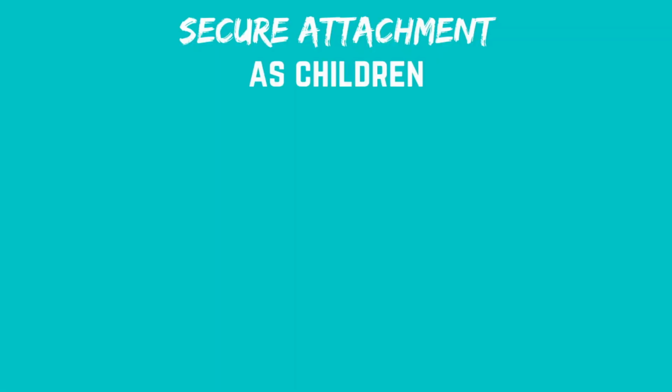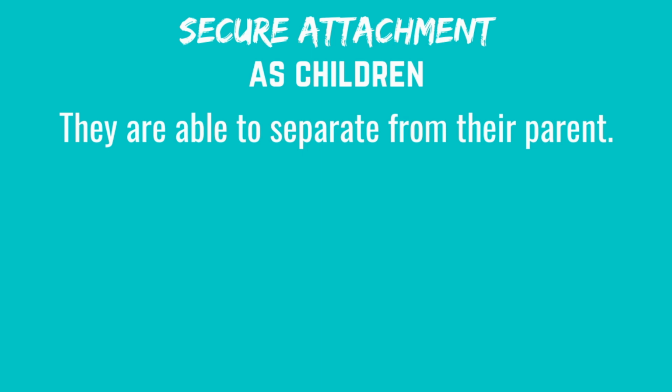The first thing that researchers noticed about securely attached children is that they are able to actually separate themselves from the parents. So when they first enter the room, the child will not stick to the parent, the child will go and explore, but it will keep one eye on the parent just to see what the parent is doing and whether the parent is there or not.